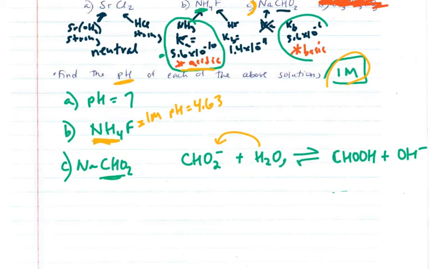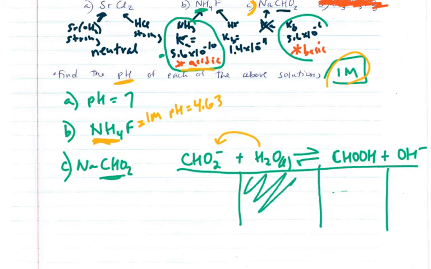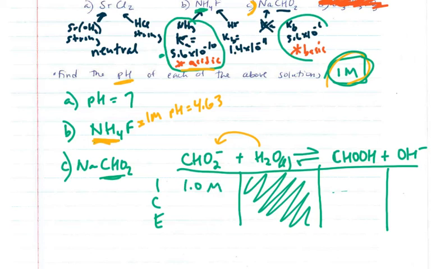So again, this is a liquid. When we make our ICE table, we don't care about the water. We only care about everything else. So we're just going to say it's a 1 molar solution of this salt. It's going to go down, and these will each go up.